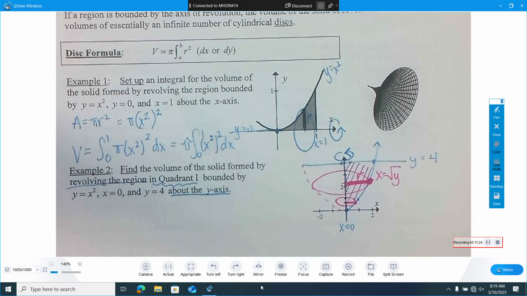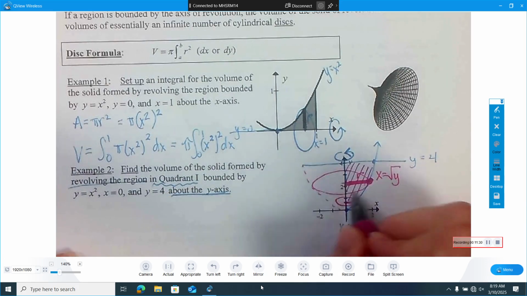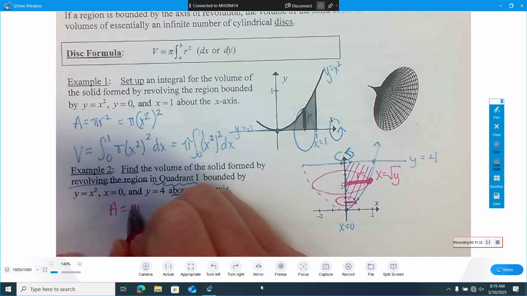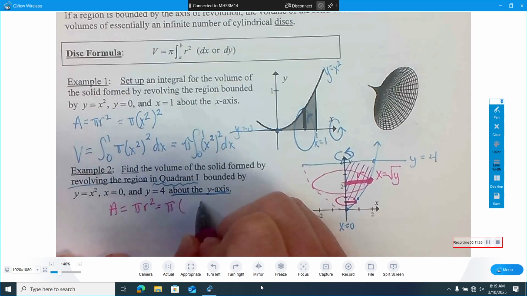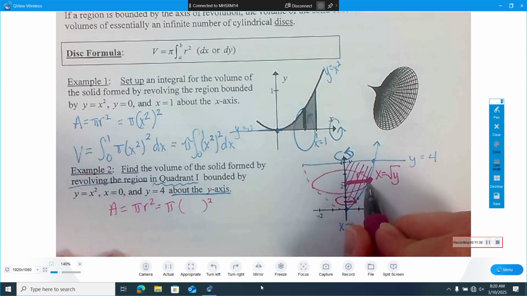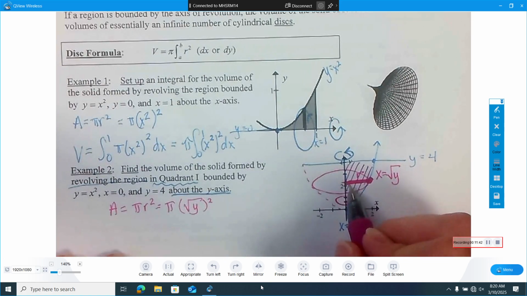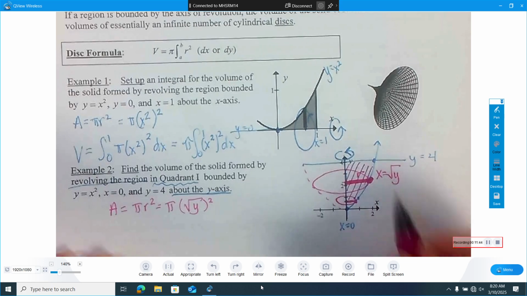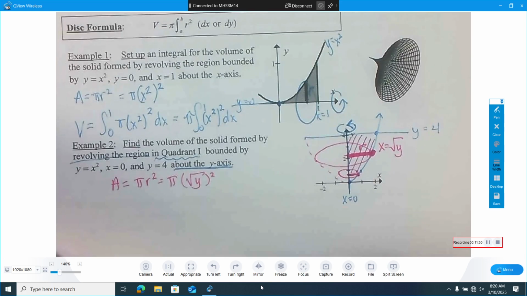It's very cool. All right, so once again, the area of the disk is pi r squared, and our radius is what? Square root of y. That's all it is. We're going from the axis to our curve, which we've defined as radical y.